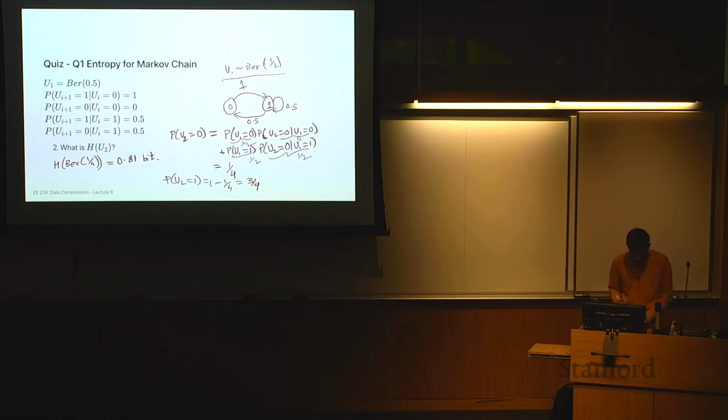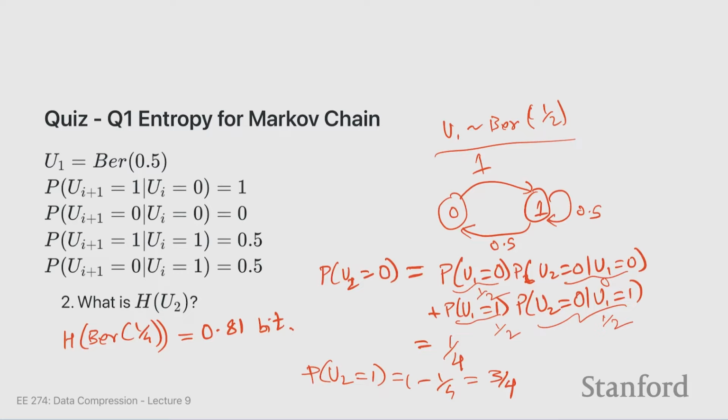In any case, in this particular example, we said that stationarity is a very vast property. All statistics stay constant with time, but in particular the entropy should stay constant with time. And you saw that the entropy changed. Entropy of U1 was 1 bit, entropy of U2 was 0.81 bits. So there is no way this can be stationary.